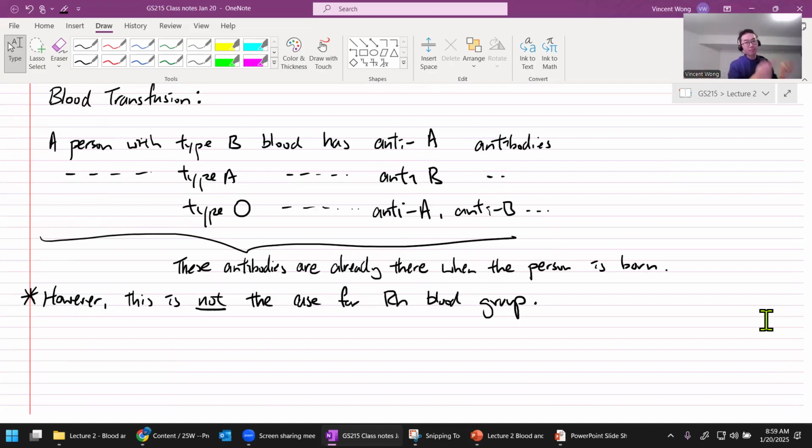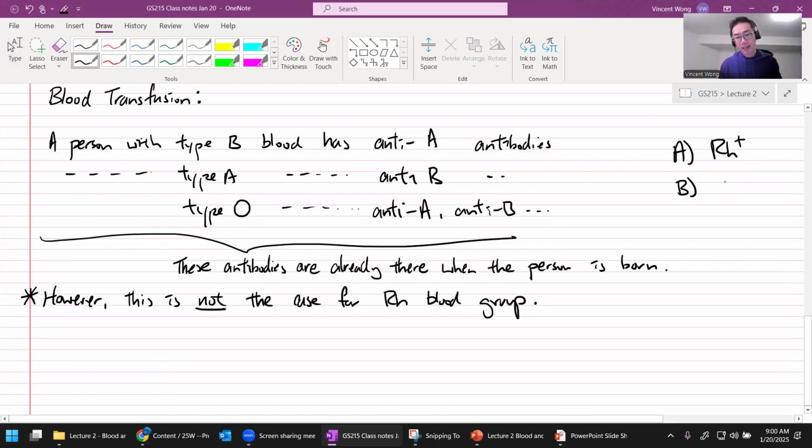Are the positive people going to be making anti-RH antibodies, or are the negative people going to be making anti-RH antibodies? I'm going to do a poll to see what you guys think. Okay, who's going to be making the anti-RH antibodies? The positive people, negative people, or both? Who makes anti-RH antibodies? That's the question.